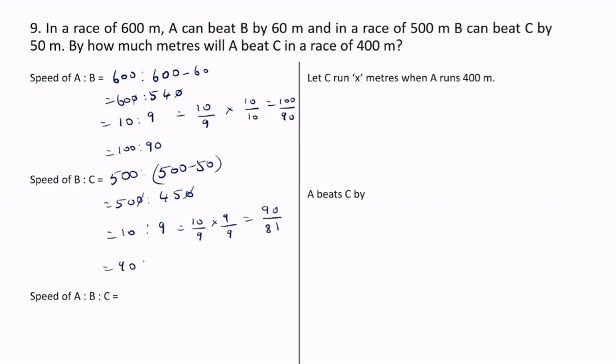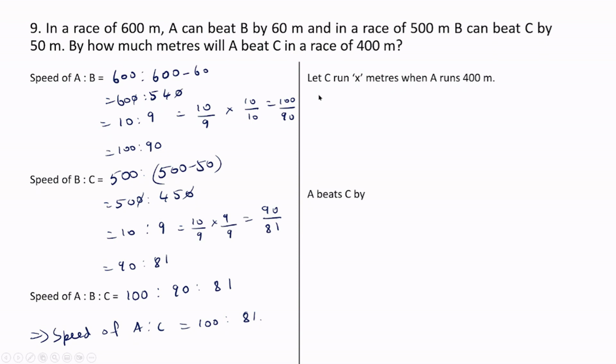So this is 90 is to 81. So here we can see the speed of A is to B is to C is 100 is to 90 is to 81. So from this we have speed of A is to C as 100 is to 81.